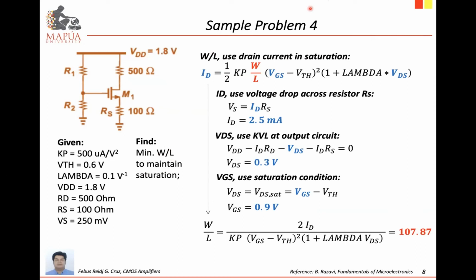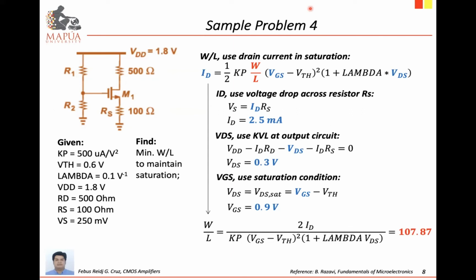Nahirapan na mag-control nung Zoom eh. So imagine again our ID versus VDS. The transition from the triode to the saturation is the saturation point. The trend from linear or triode is that the drain current is increasing, and then at the saturation point, you start with the saturation region. So the saturation point indicates the minimum drain current.